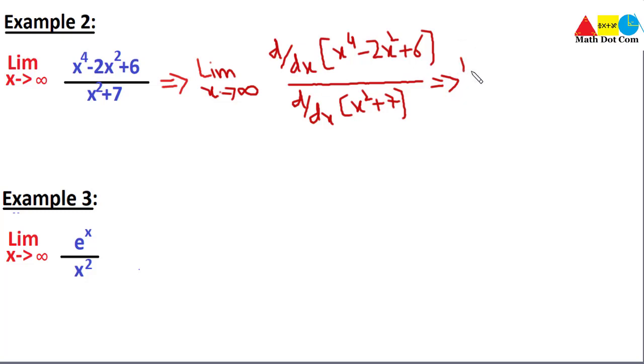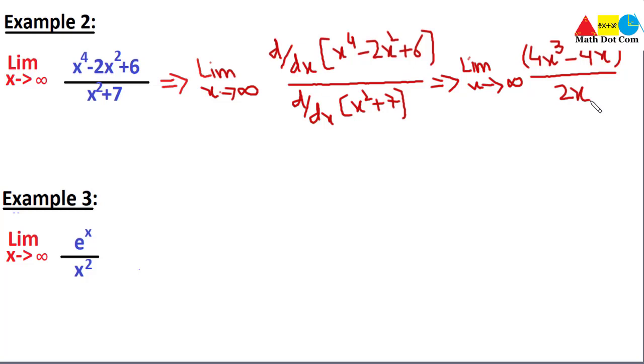So limit x approaches to infinity, and what we will get is the differentiation of x to the power 4 is 4x cube, minus 2x square has 4x, and the differentiation of a constant is 0, divided by the differentiation of x square, which is 2x, and of the constant is 0, so we will not write that, divided by 2x.